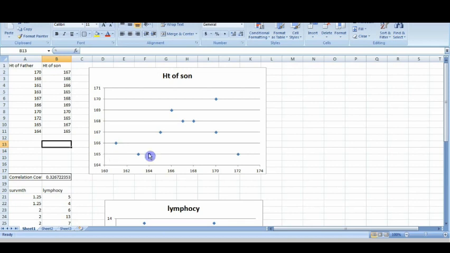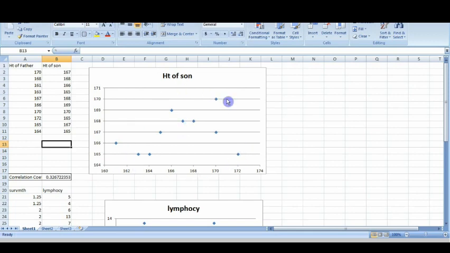Do you observe any kind of positive trend, positive relationship between the two variables? The point here is that if you ignore this particular data point, you will definitely see a kind of positive trend between the two variables. So, it is very difficult to judge if there is any positive correlation between height of son and height of father by looking at the scatter diagram.